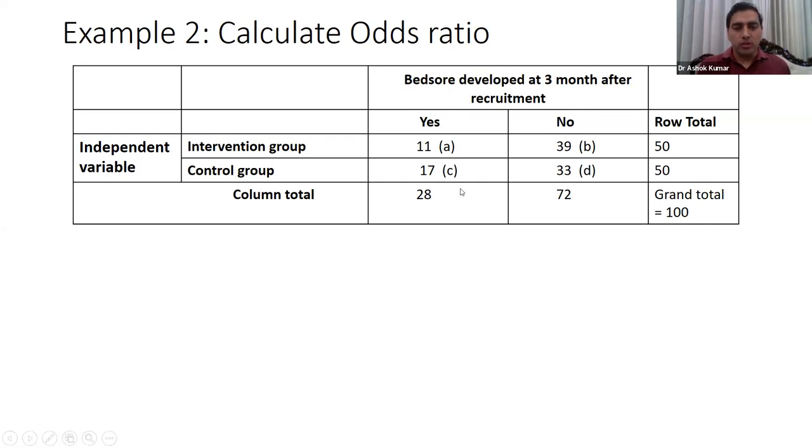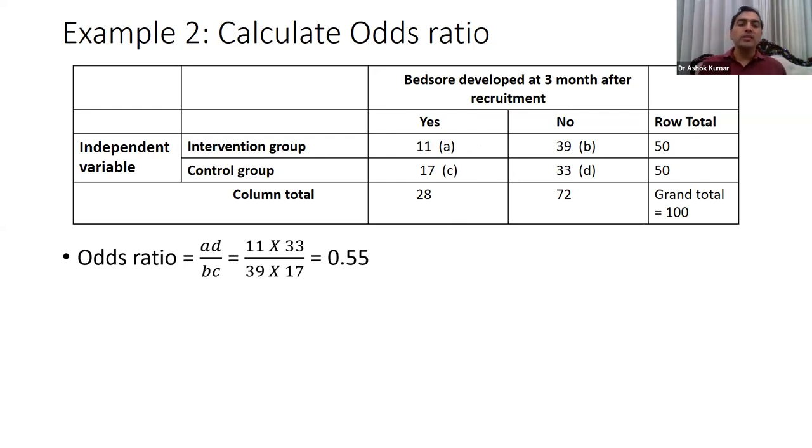So what do we have to do for the odds ratio? We have to multiply A by D, 11 multiplied by 33, divided by B multiplied by C, 39 multiplied by 17. Then we can get the odds ratio. It is very easy. In the intervention group, the odds of having bed sore development at 3 months is only 0.55.